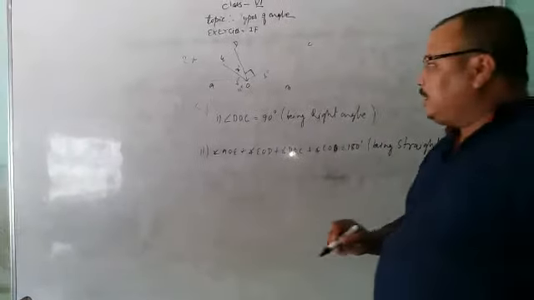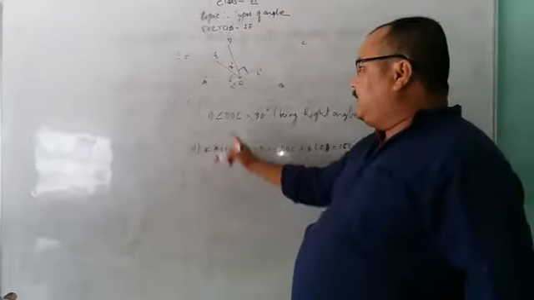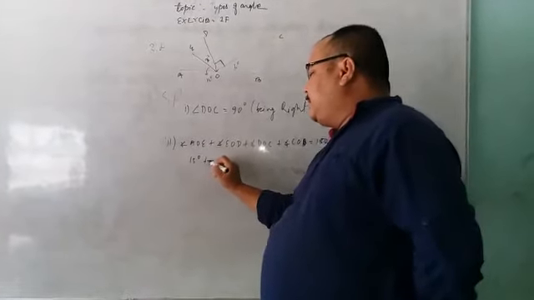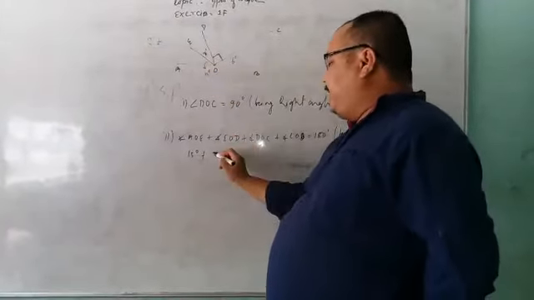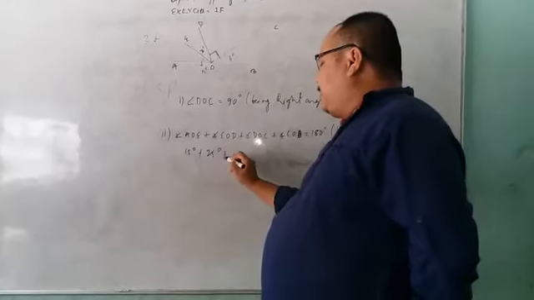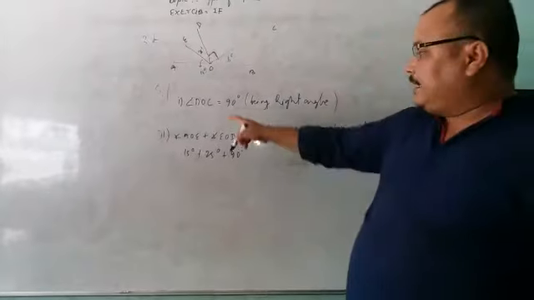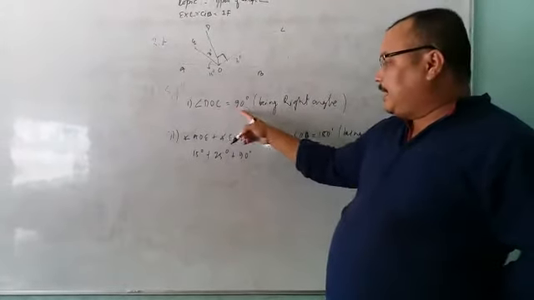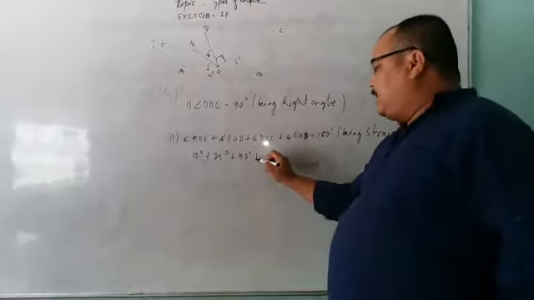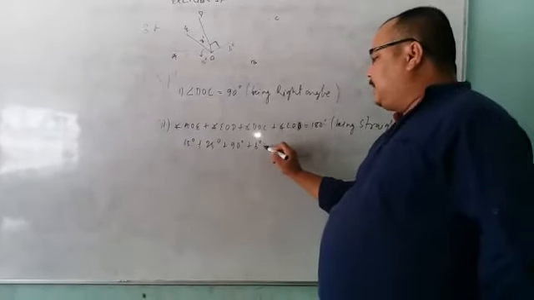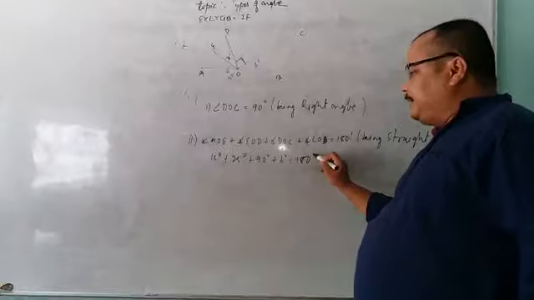My dear students, instead of AOE, you write 15 degrees here, plus 25 degrees, and DOC is 90 degrees, which we mentioned here, plus angle COB, which is B degrees as given, is equal to 180 degrees.